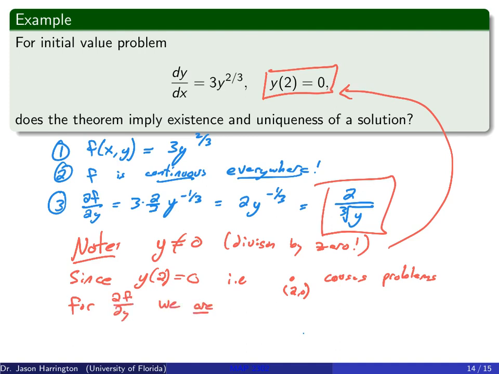We are not guaranteed a unique solution.